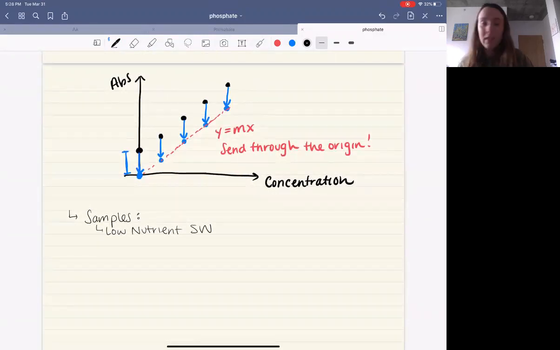But to go ahead and tell you, no, our UV-Vis would not be able to detect the concentration of phosphate in low nutrient seawater, which is just plain old seawater. Limit of detection. So that's why we're also giving you some contaminated seawater.